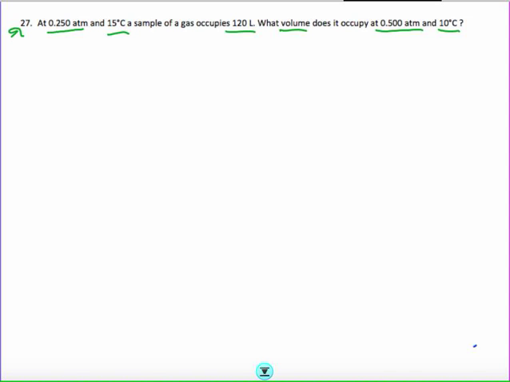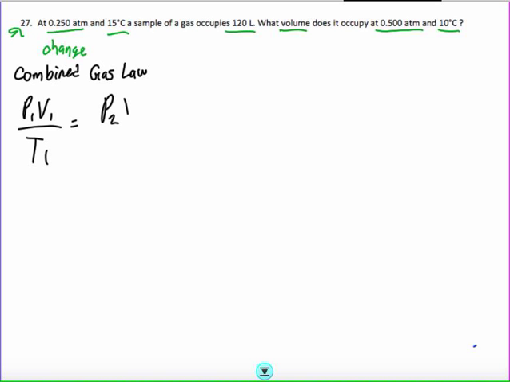This one again has to do with a change, which means it's a combined gas law problem, which is P1V1 over T1 equals P2V2 over T2. Normally when we do these problems, something is remaining constant, but in this one nothing is remaining constant. The volume, the pressure, and the temperature are all changing, so we're going to have to use all of the variables.